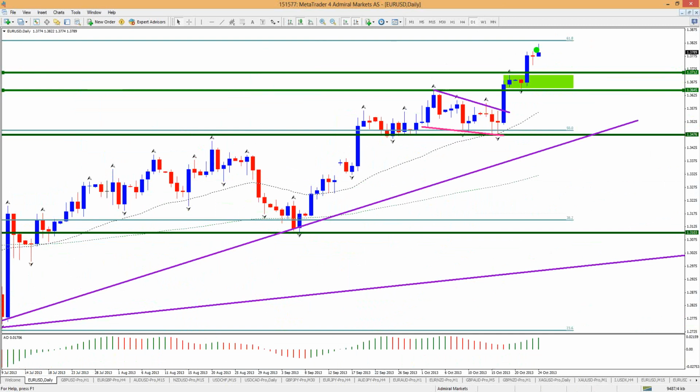Something like what we had here, all right? But the thing is, not necessarily will you get a reversal if you don't break the high for 5 days. It can also turn into a sideways retracement, that we never know.